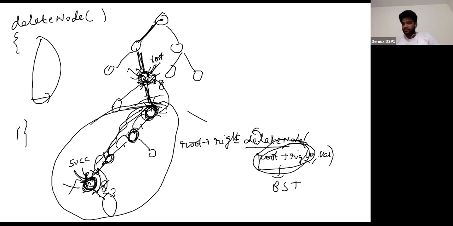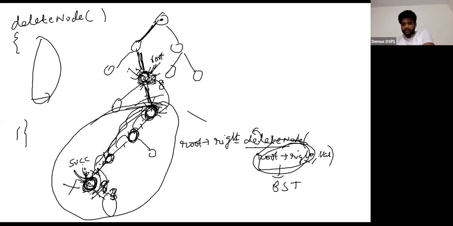Because this is the smallest node in this tree also now. Why? Because you found the smallest element which is greater than that, and you swapped it with a smaller value, right? So whatever value you have here is smaller than what it was before. Previously you had an 8 here, now you have a 3 here.